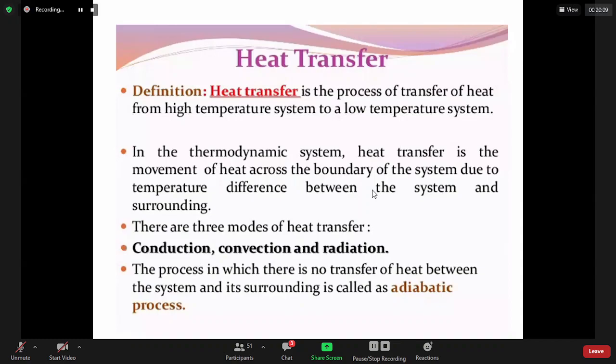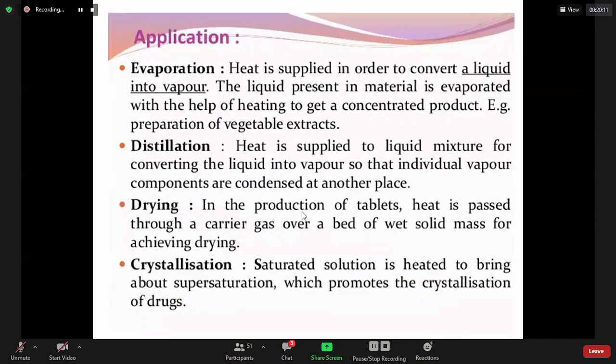Now, what is the application of heat transfer? Heat is supplied in order to convert a liquid into vapor.